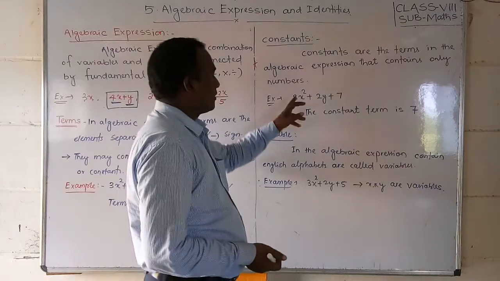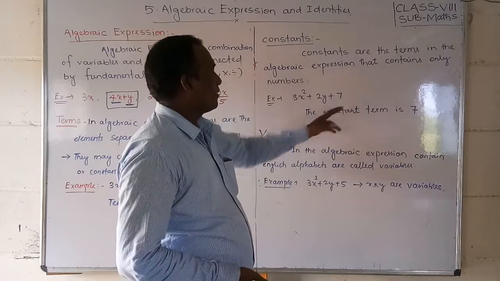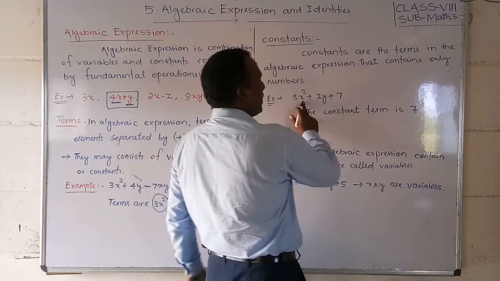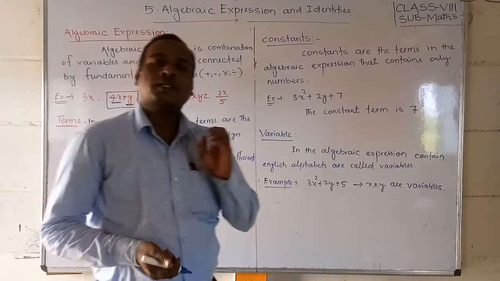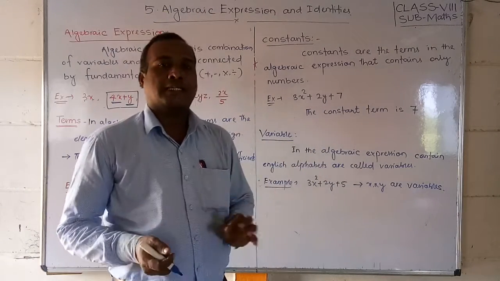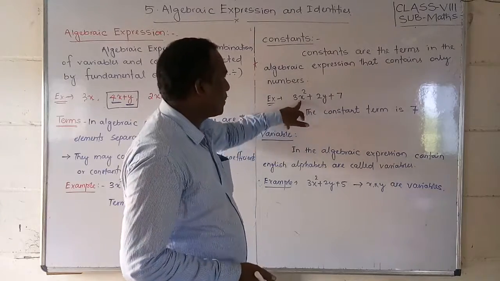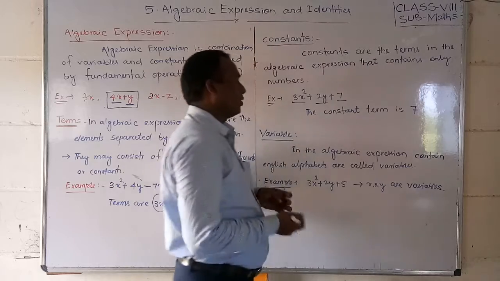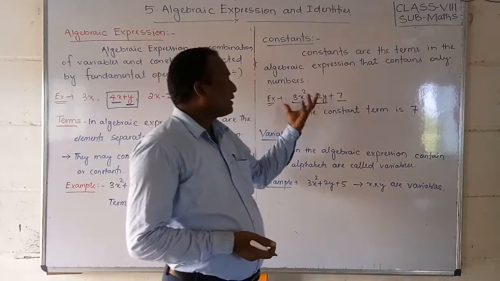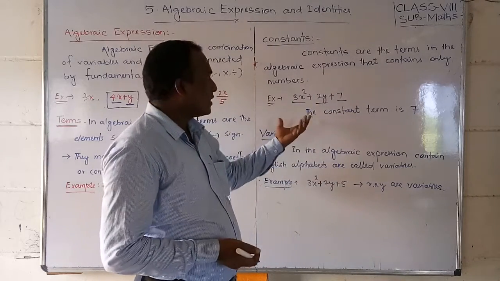Example C, students: 3x square plus 2y plus 7. How many terms are there, students? Can you identify? Yes. This is one term, this is one term, this is also one term. So these are 3 terms.